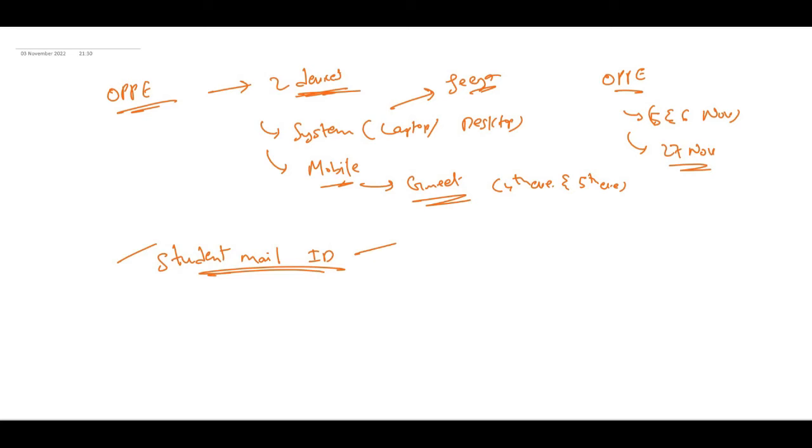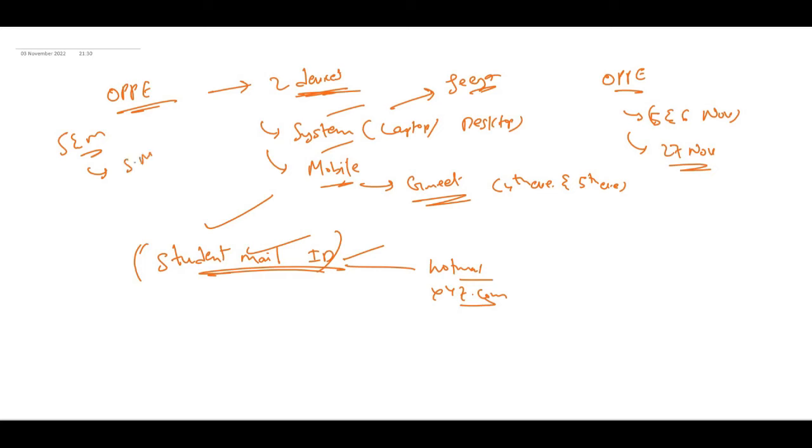To be brief, you should only log in with the student mail ID, not any other domains like Hotmail. This is the main criteria. Both system and mobile should be logged in with the student mail ID, which is provided by IIT Madras @online degree.